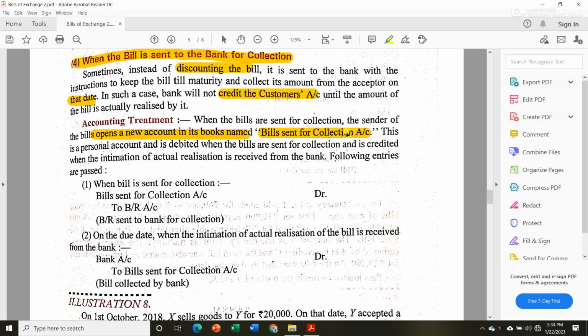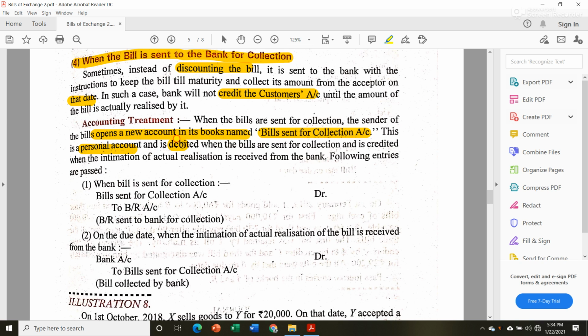Now today I am sending that bill to the bank for collection. Then today I will make a journal entry in my books and I will open a new account, and that account's name will be Bills Sent for Collection account. This is a personal account, so we will apply personal accounts rule, that is debit the receiver, credit the giver.